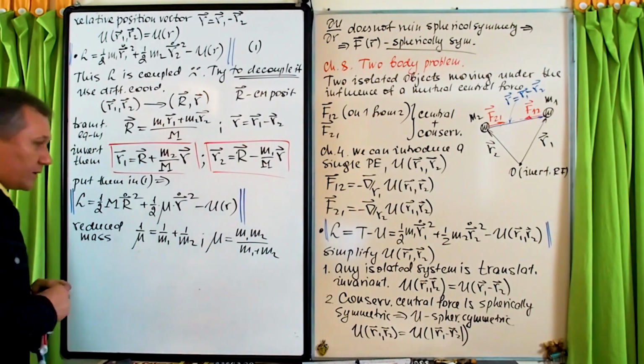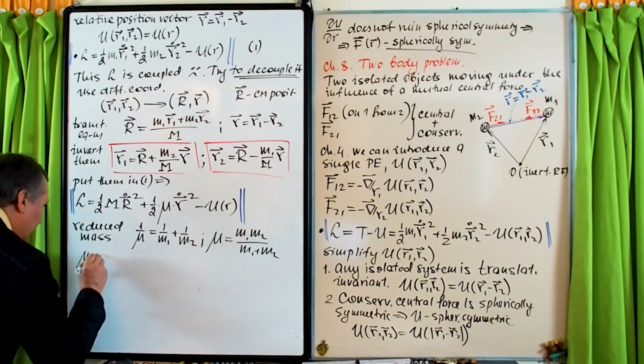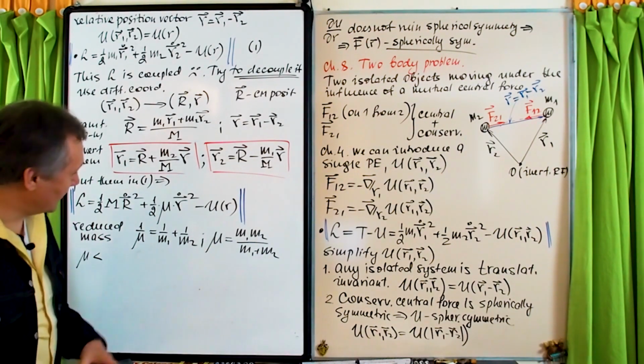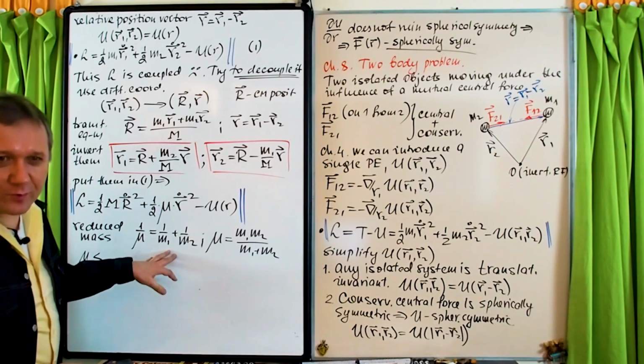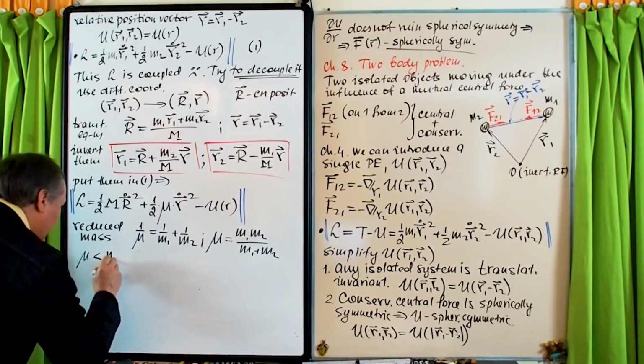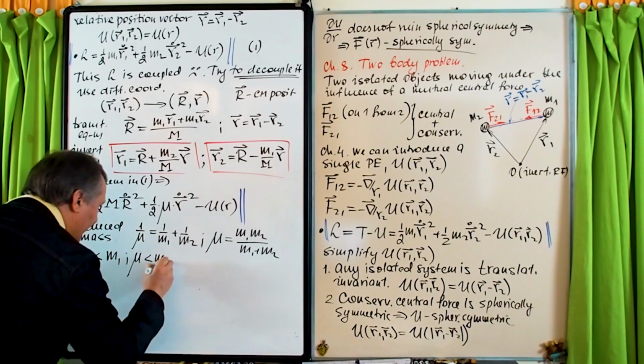Right, properties of this reduced mass. First of all, reduced mass is smaller than both of the masses which create this reduced mass. So it's smaller than m1 and smaller than m2 all the time.